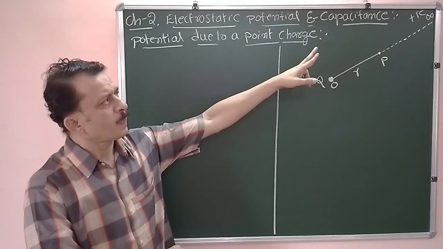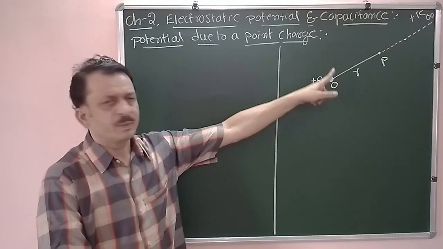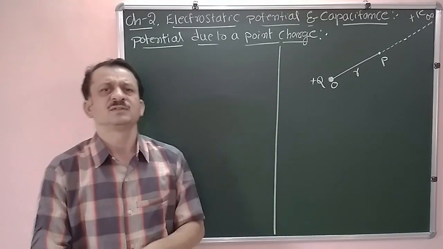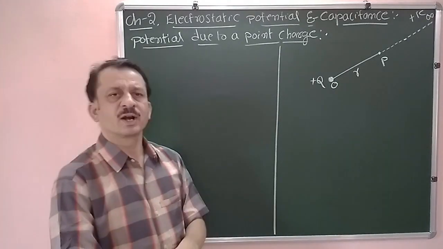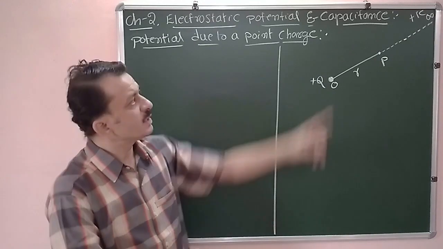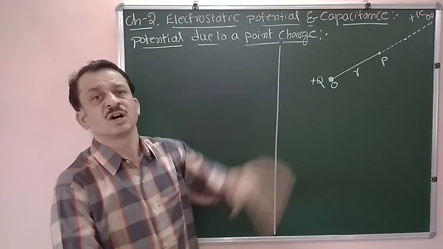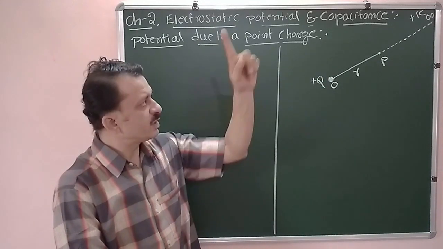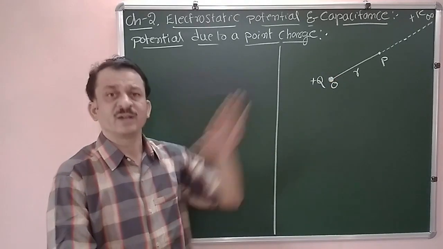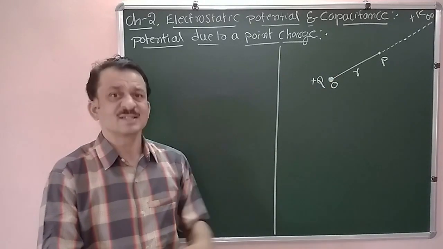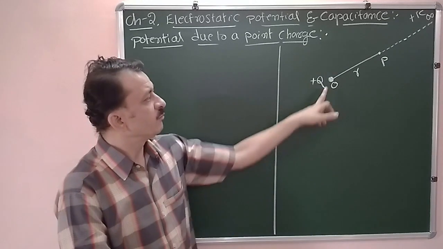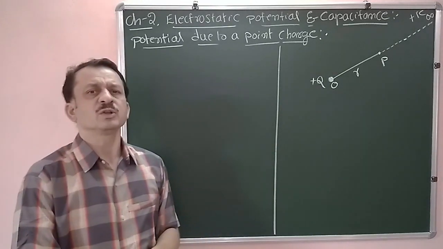Now, the potential at P is defined as the amount of work done in bringing a unit positive test charge from infinity to the point P in the presence of the field due to the charge capital Q.